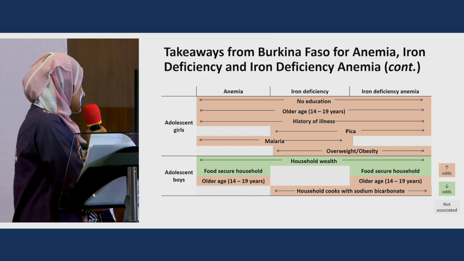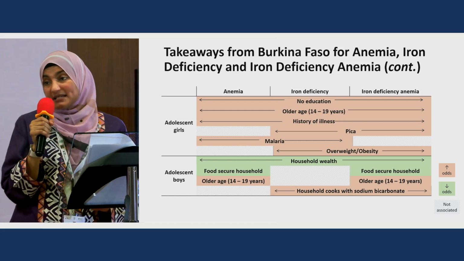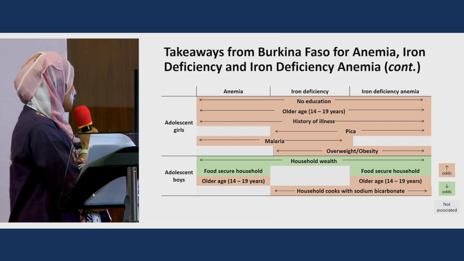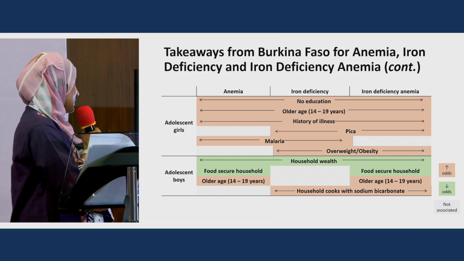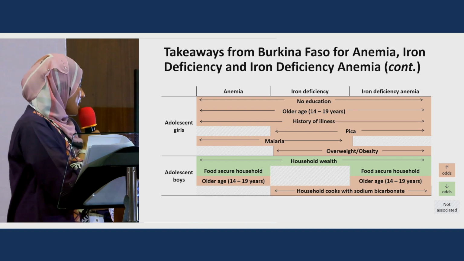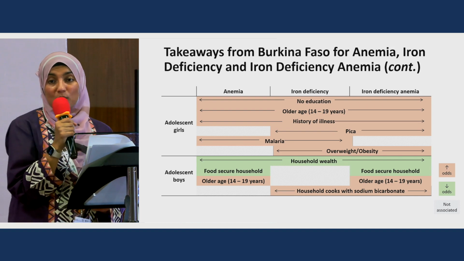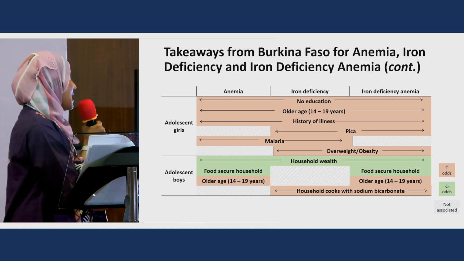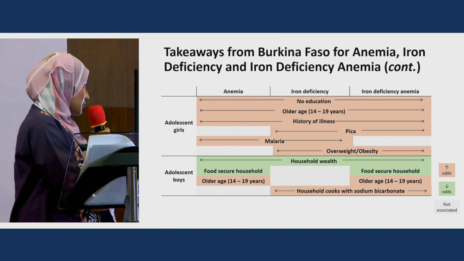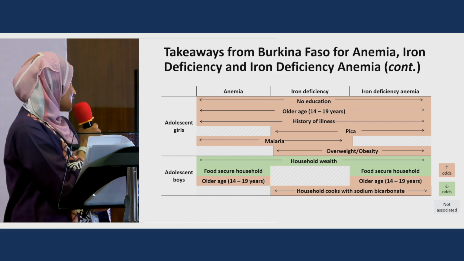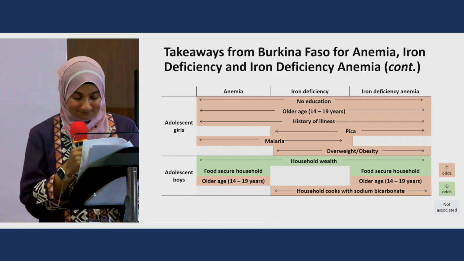And for the boys, household wealth was protective for all three outcomes, and food security was important for anemia and iron deficiency. For boys, we also see an effect of the household cooking with sodium bicarbonate, the use of sodium bicarbonate in cooking being a risk factor for iron deficiency and iron deficiency anemia.